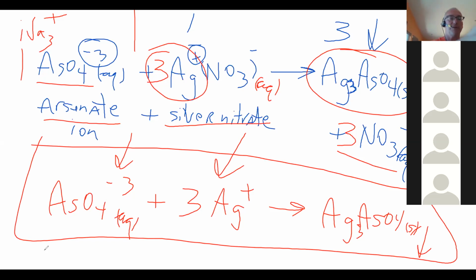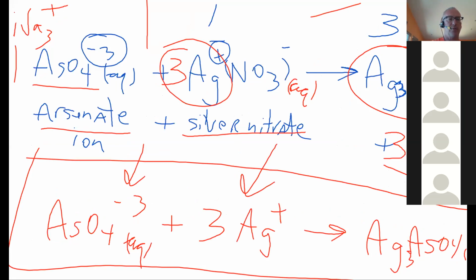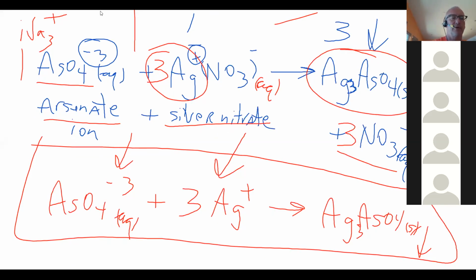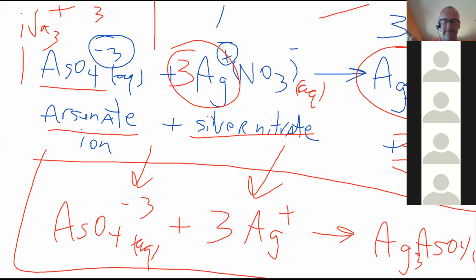So we get 3 moles of sodium ions, which are going to be there at the beginning of the reaction and they're going to be there at the end of the reaction. So at the end, we're going to have 3 moles of sodium ions and 3 moles of nitrate ions. We're going to have sodium nitrate, and that's all in solution.